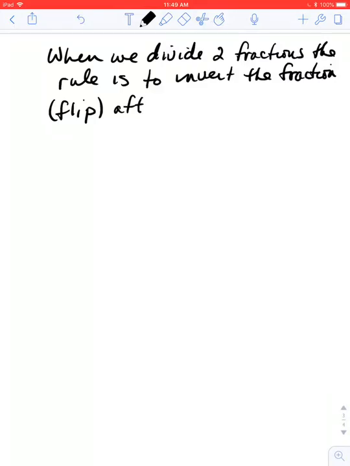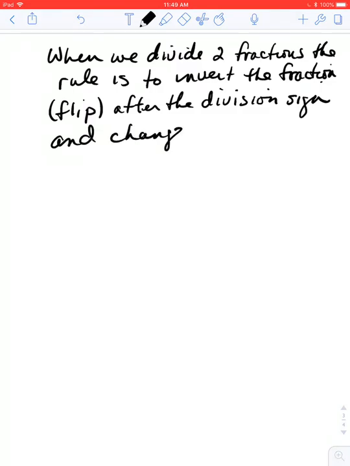After the division sign. And change the operation to multiplication.